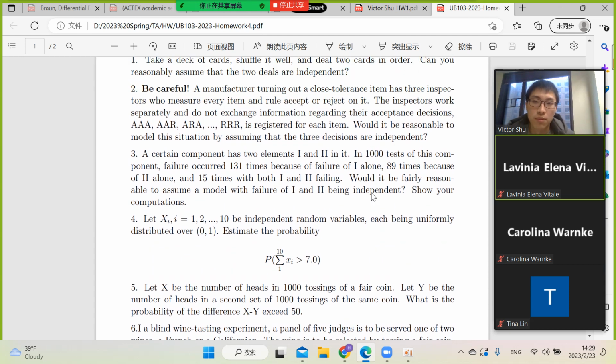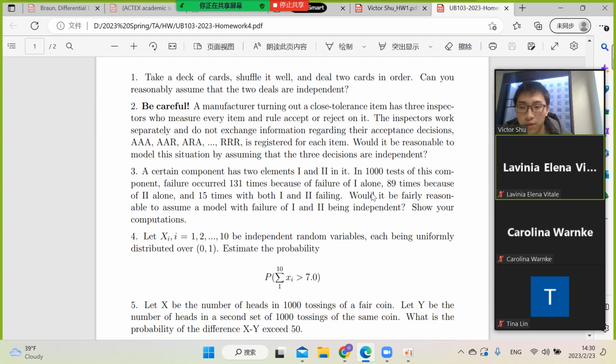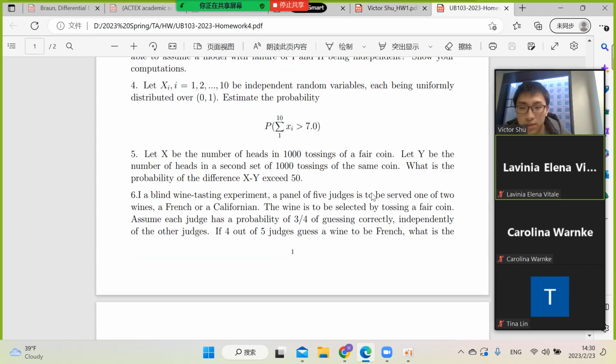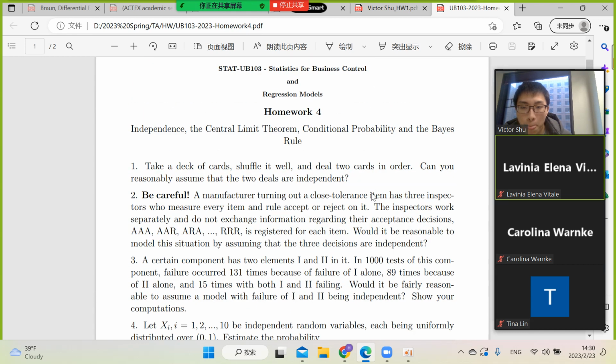All right, so then I will talk about some basic ideas for the rest of the homework problems. The first one: the two deals are independent.